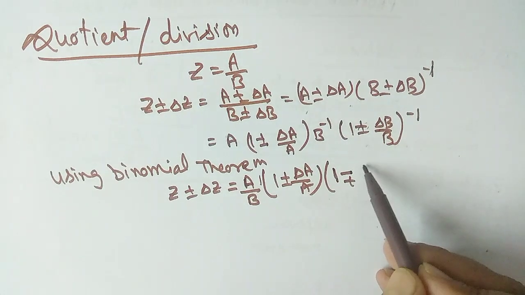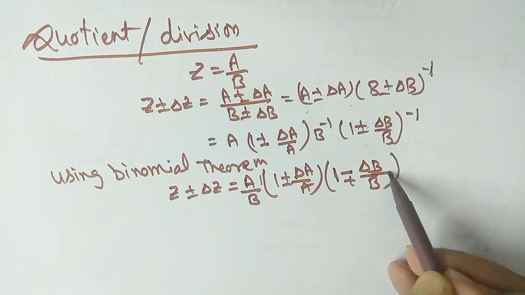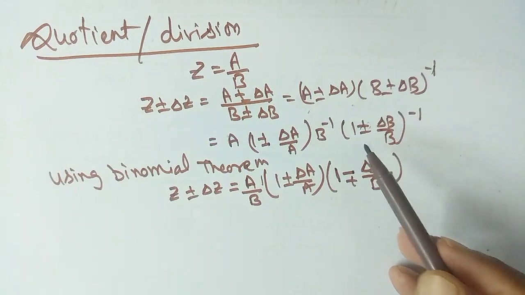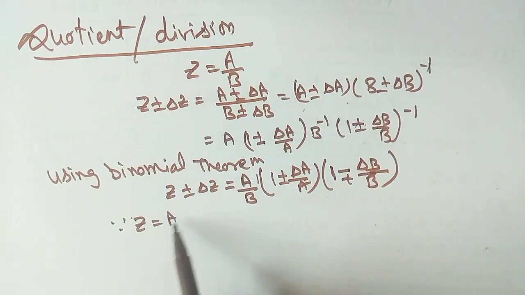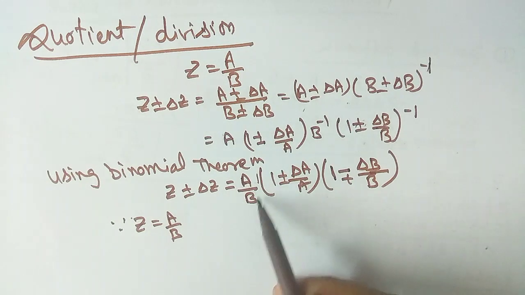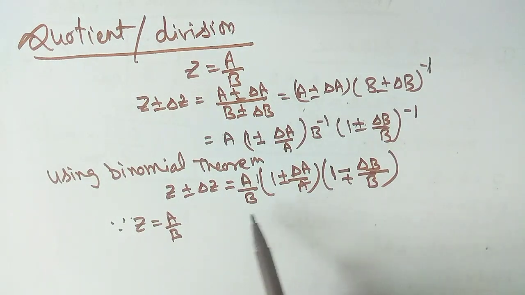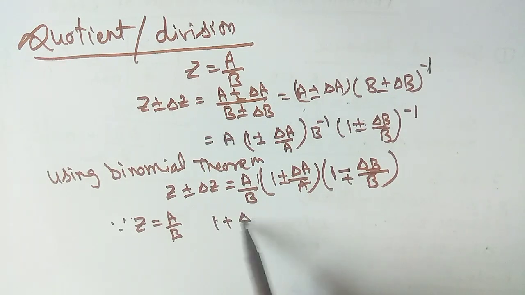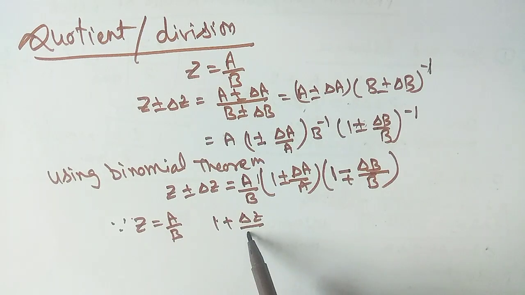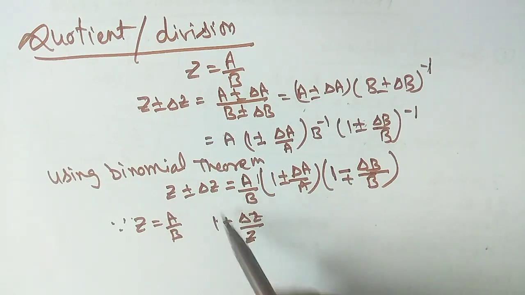The binomial theorem you are using, and only the first term is taken, not the higher terms. Since Z is equal to A upon B, when you put Z here, Z times 1 plus delta Z upon Z, then Z cancels.